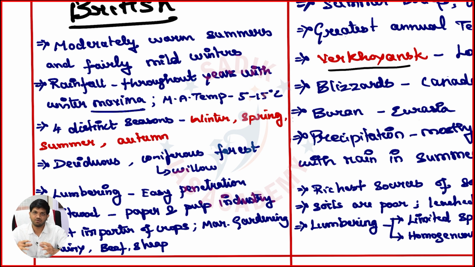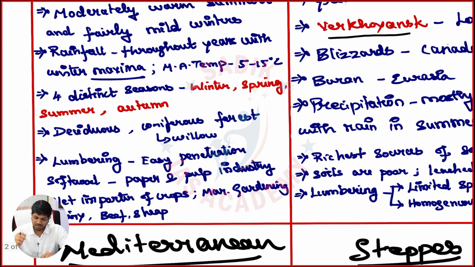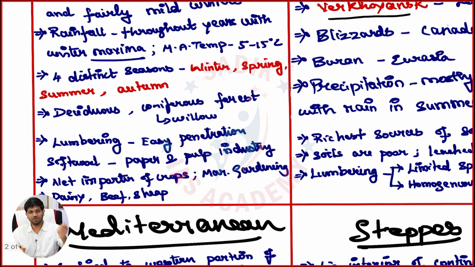Rainfall will be throughout the year, and it will be winter maxima, and there will be 4 distinct seasons in the British type of climate. It is winter, followed by spring, which is followed by summer, which is followed by autumn. And they will have deciduous and coniferous forest.